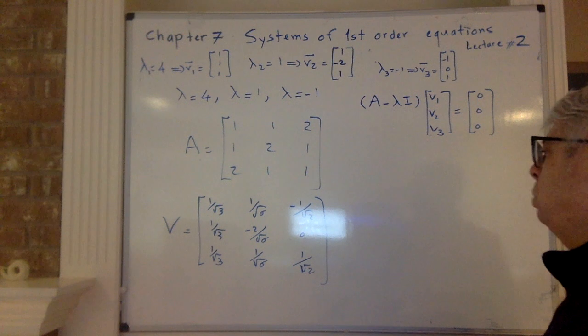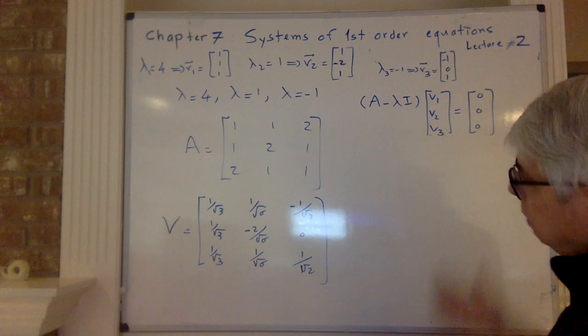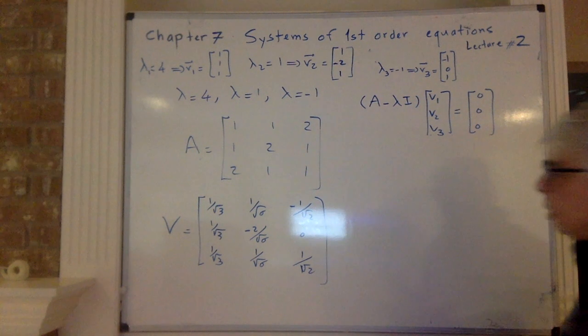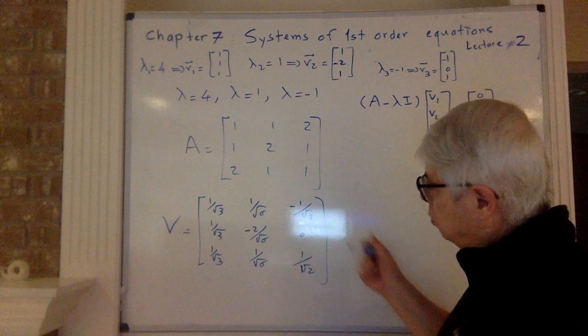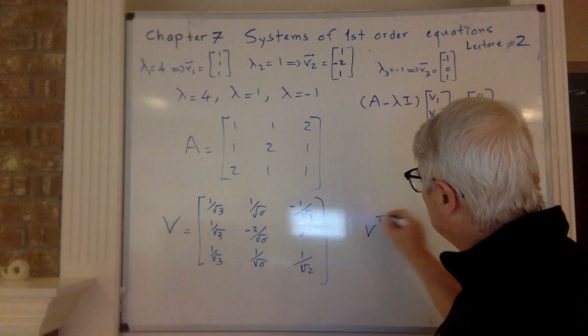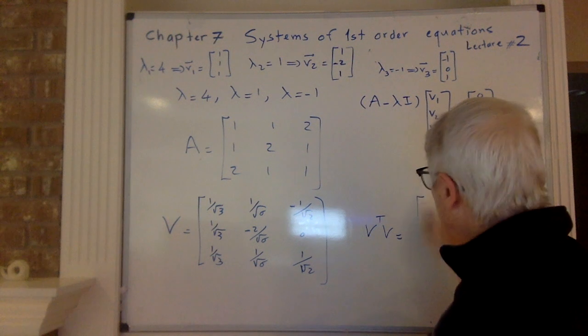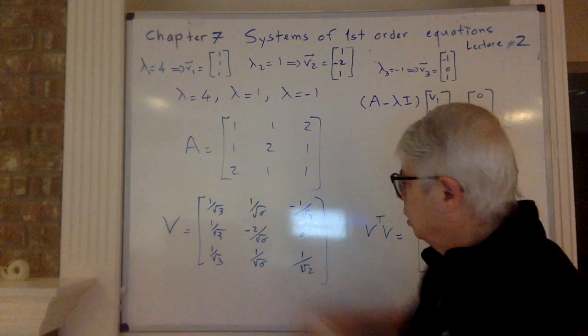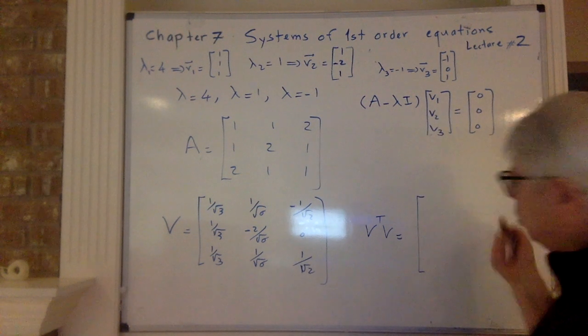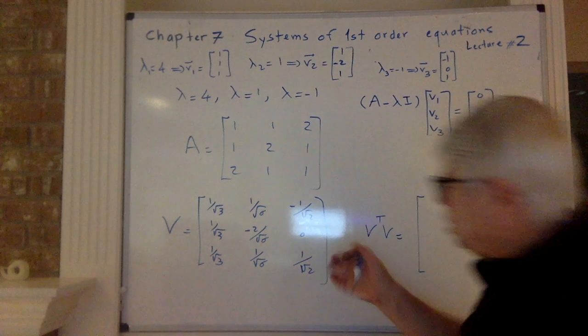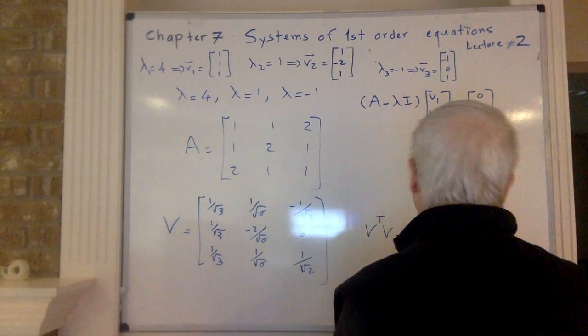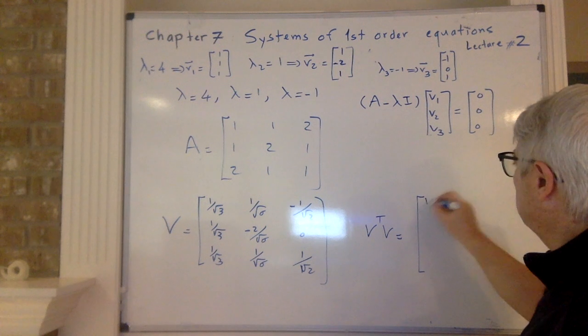Now, there's something special here. If I multiply this V transpose by V, what happens? This goes here. Well, I'm not going to write it, but you can see that this is the transpose of this. Let me just write the transpose. So the transpose is this.